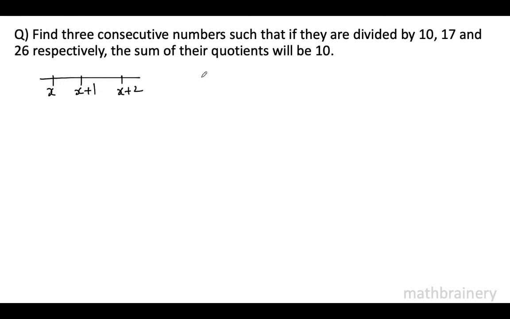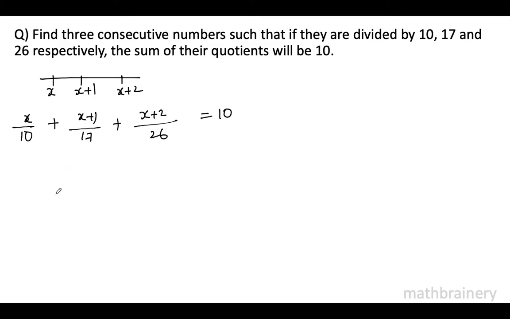If they are divided by 10, 17 and 26 respectively, that is the first number is divided by 10, second number is divided by 17 and the third number is divided by 26. The sum of their quotients must be 10. That means x by 10 plus this x plus 1 by 17 plus this x plus 2 by 26 must be equal to 10.